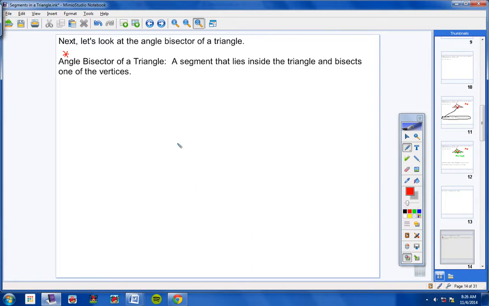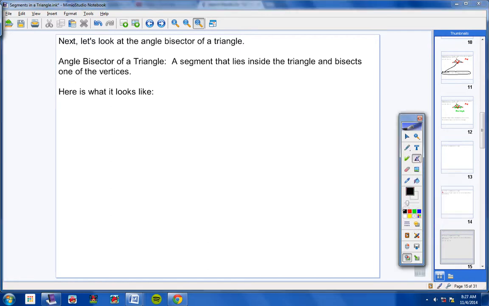Angle bisector of a triangle: a segment that lies inside the triangle and bisects one of the vertices. Okay? Now, here's what it looks like. So please take some really good notes, okay, guys? Here's what it looks like.